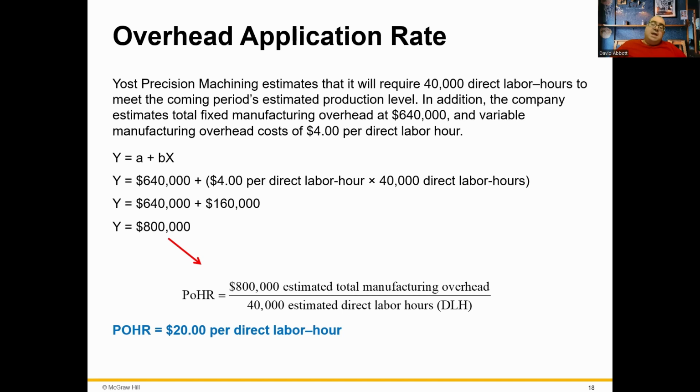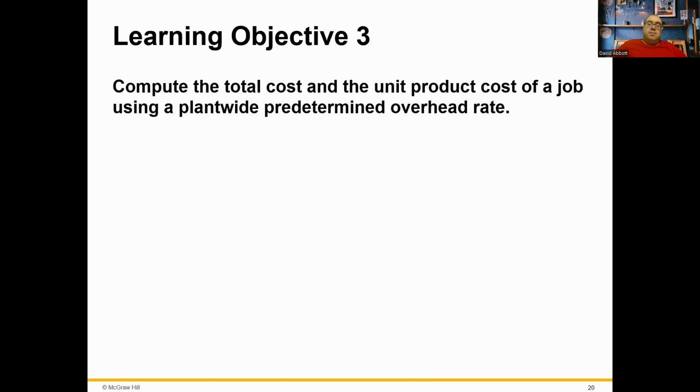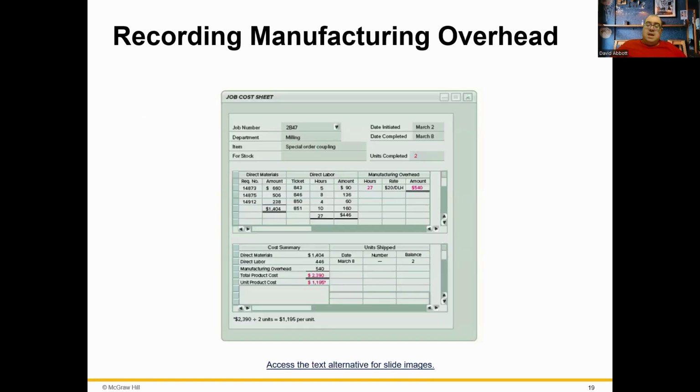Then we divide that by the number of estimated direct labor hours, or whatever the base is. That gives us $20 per direct labor hour. And then they would record that $20 for how many hours the job total took.